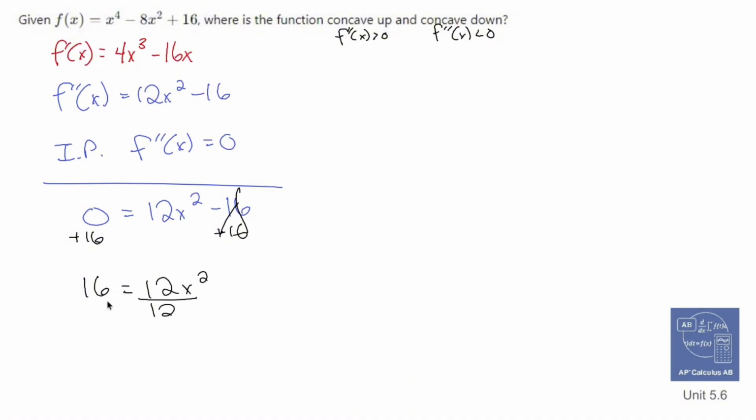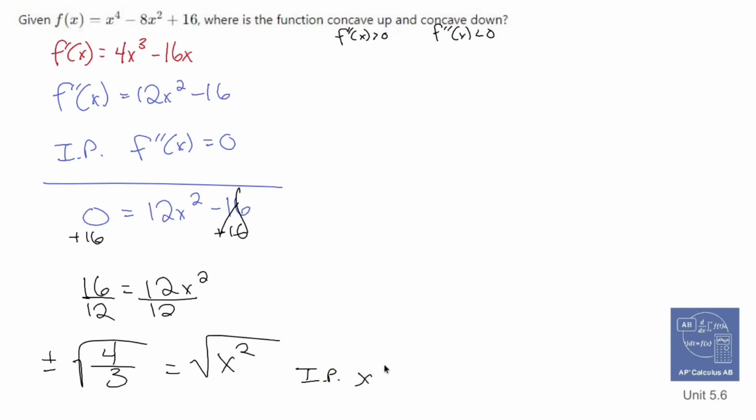Divide everything by 12, you get 4/3 equals x squared. Square root, don't forget your positive or negative, and you have 2 inflection points. My inflection points exist at negative 2 over root 3 and positive 2 over root 3.